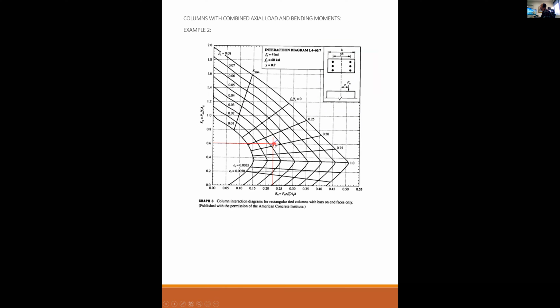And so it's right in there. That's how I got to 0.034. Notice that the contours go from 1% to 8%. And that's because, according to ACI, your column design has to be at least 1%, but it cannot be more than 8%. So they've covered every percentage between those two.